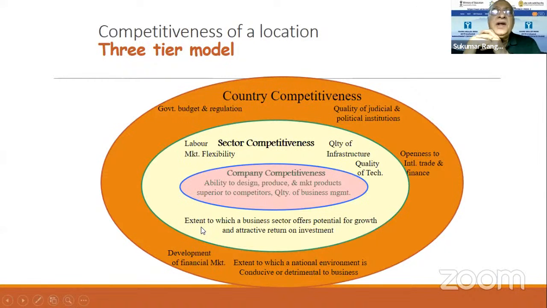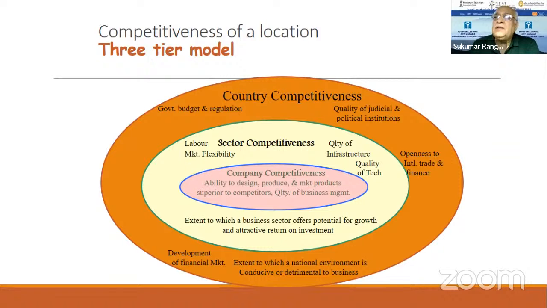Now, there is a 3-tier model for competitiveness for a location. At the core, there are 3 things. Here, you have on the inner circle your company competitiveness, the ability to design, produce, and market products superior to competitors, quality, and business. If you take, say, Apple products, they are designed in the US and produced in China and marketed worldwide.